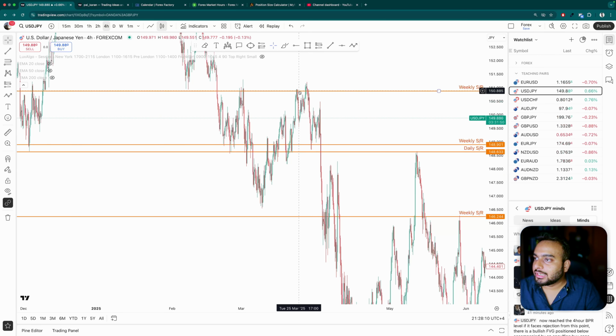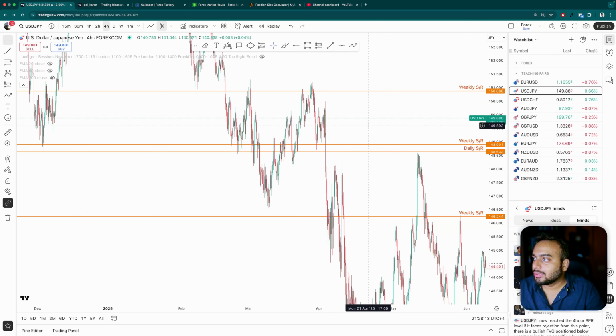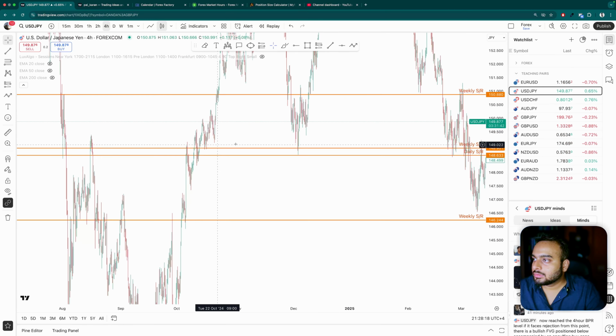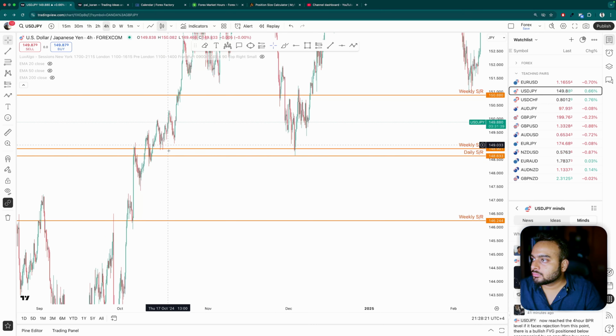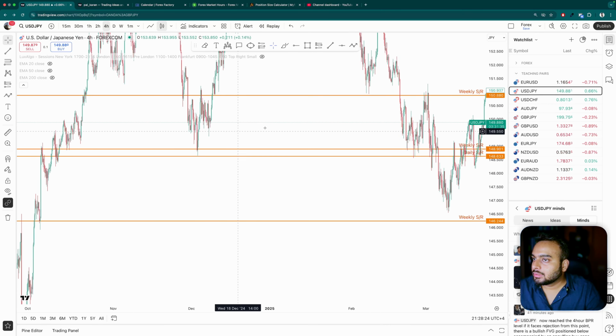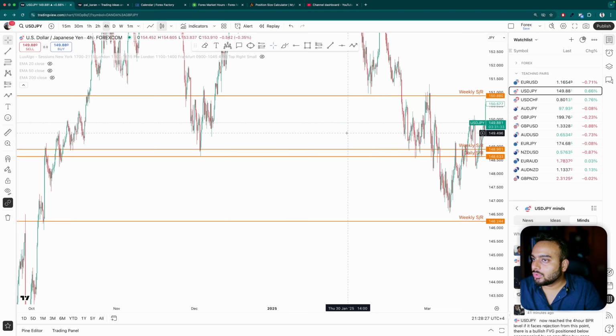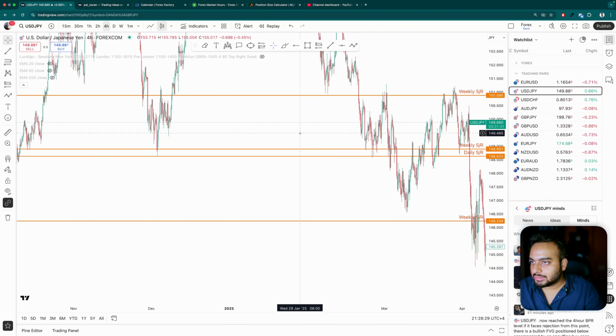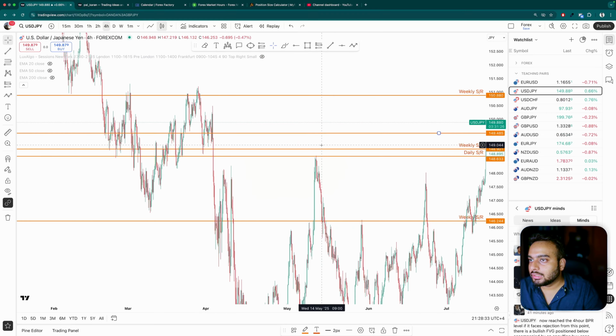Before touching that level, the price moved up, retested and then moved up. So first rejection was around here. Let's put a line so that it's visible throughout all the places.